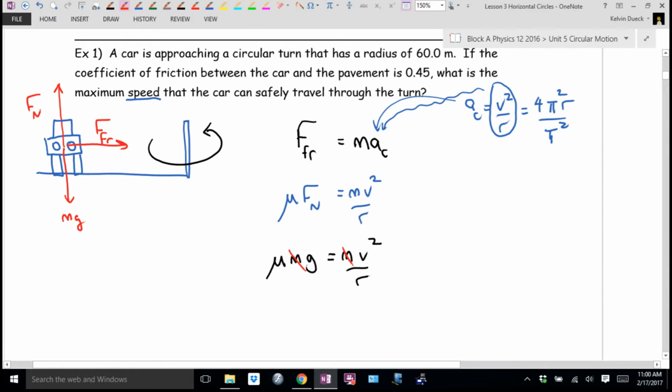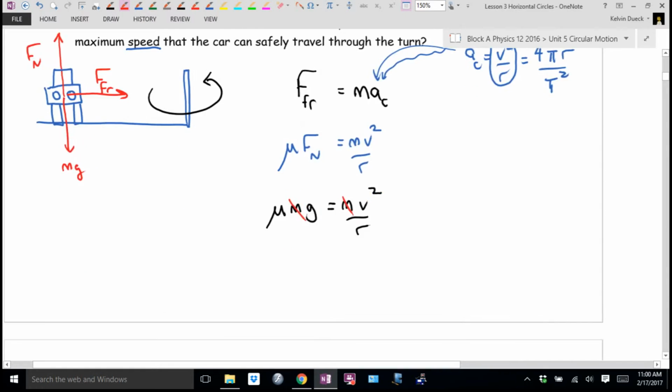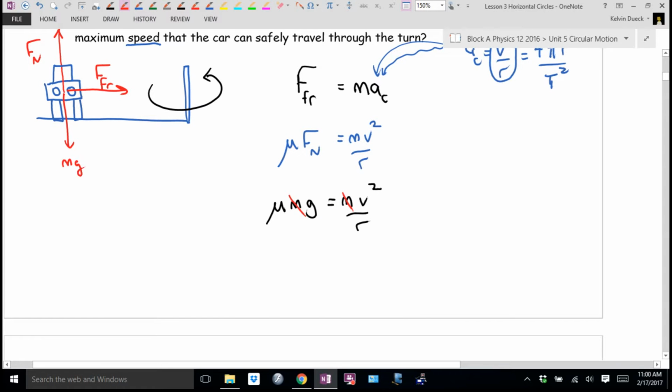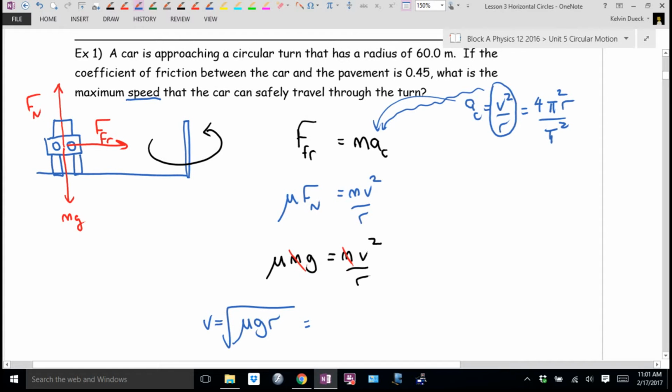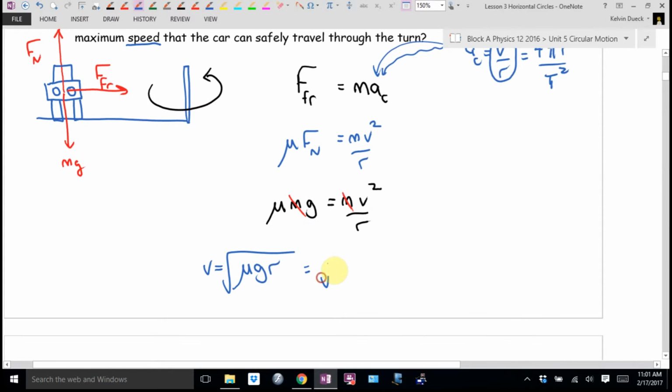What did this want me to find? Oh, how would I get the v by itself? You know what? This is almost like yesterday. This is mu g r, square root. They gave me the coefficient of friction, 0.45.